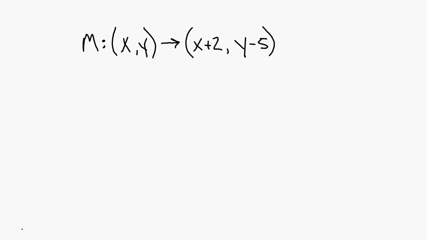Then you're given the coordinates of the pre-image. P is at 1, 2. Q is at 4, 4. And R is at 4, 2.